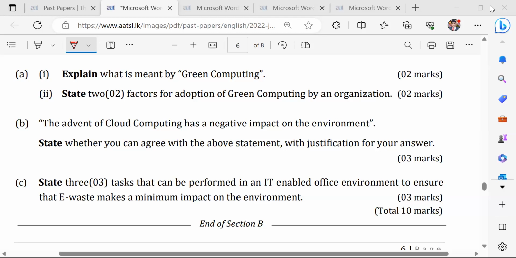But in cloud computing, what is happening? Not hundreds and thousands of data centers running in different places, right? Then environmentally, we can say there is no effect. You have to prove your answer.